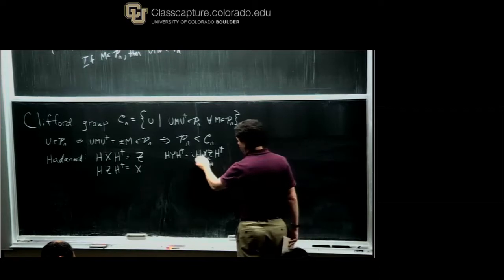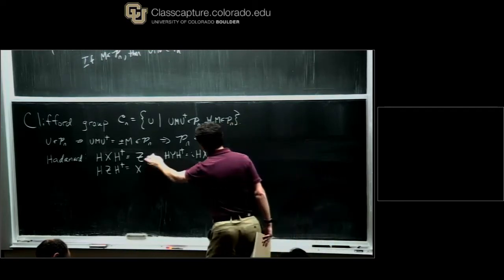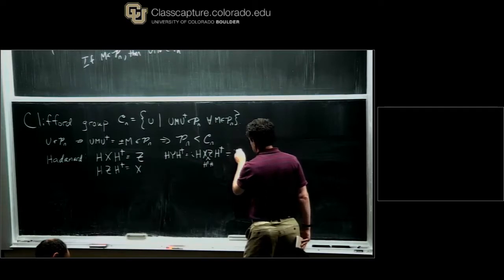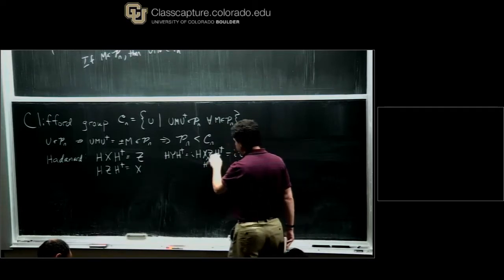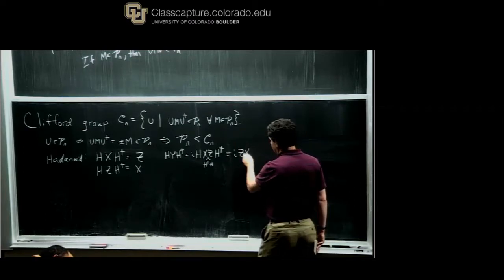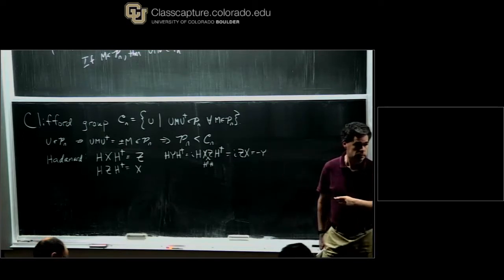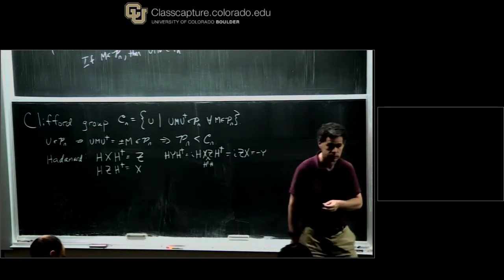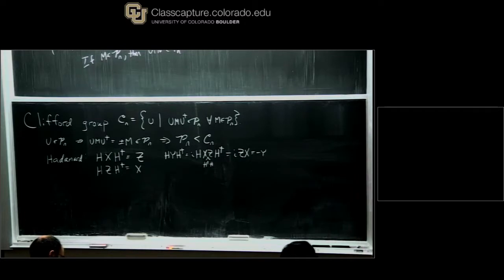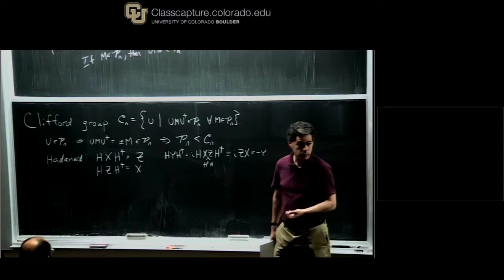And so I have i h x h dagger, which I already know is in the Pauli group. It's z. And h z h dagger, which I've already computed as x. And so i z x, that's minus y. Okay? So you see that indeed the Hadamard is in the Clifford group.